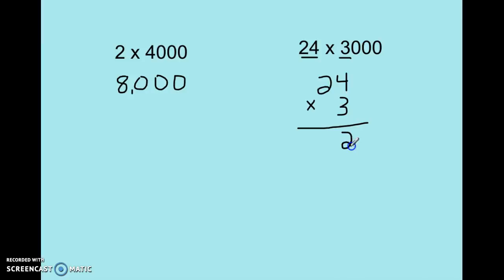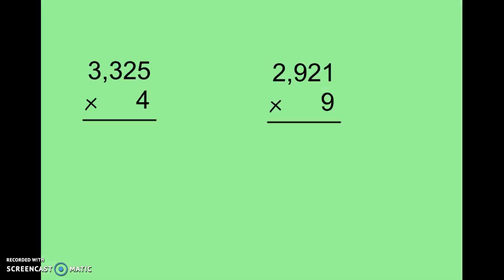My 2, I'll carry my 1. 2 times 3 is 6, plus 1 is 7, so I get 72. And I count my zeros, 1, 2, 3. Add those on, and I end up with 72,000.